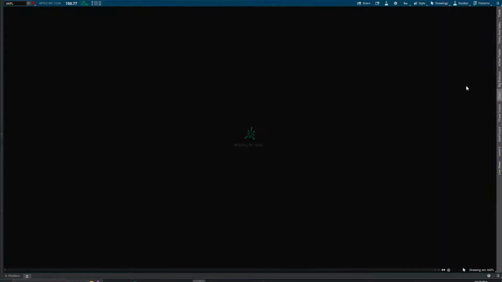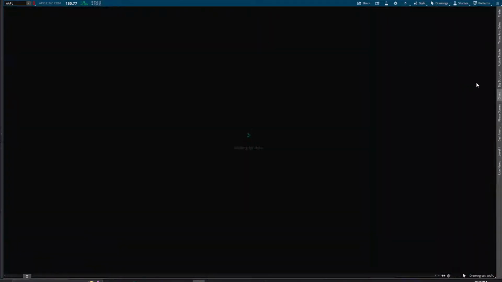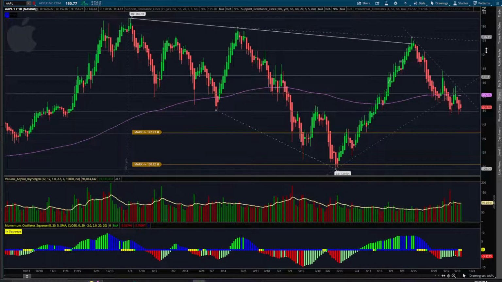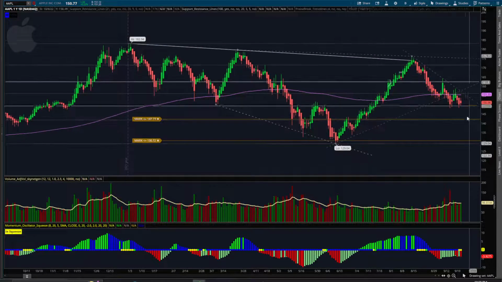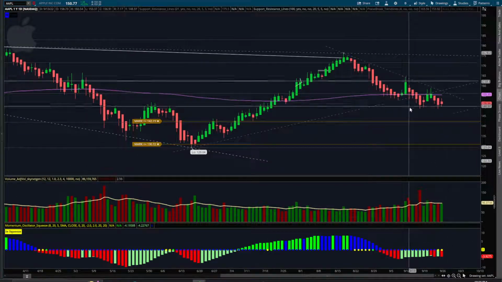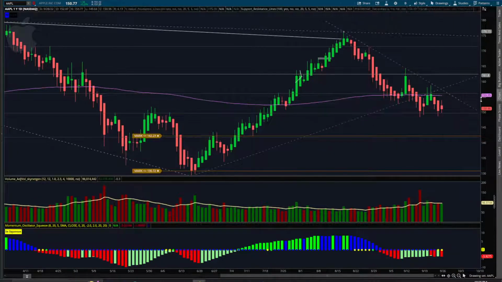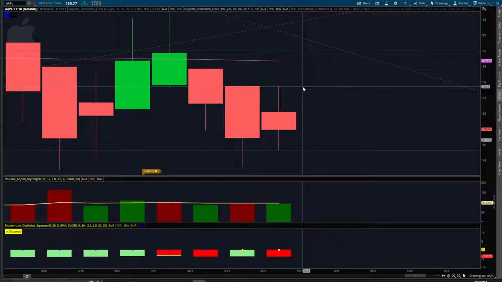Okay, let's move on to the next one, Apple. If we go to the daily here on Apple, give it a second while it loads. Apple again holding the support in this area. Today looks like an inside bar, honestly. Did it? I'm not sure.